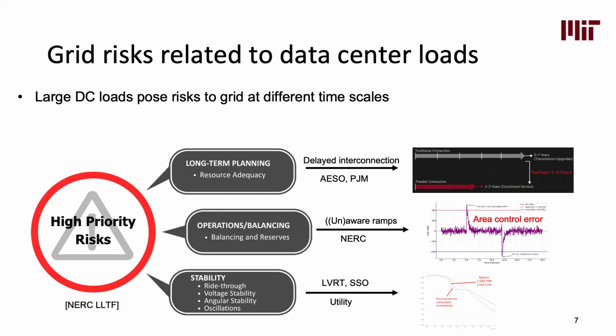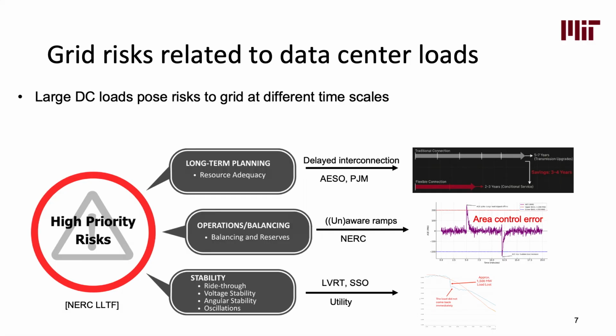If you cannot satisfy all the additional requirements, your interconnection request can be delayed by up to 5 or 7 years, which is pretty bad because semiconductors change so fast, and CPUs, GPUs, and networks change so fast. 5 to 7 years is too long to make plans. They need shorter, and the new solution is flexible connections.